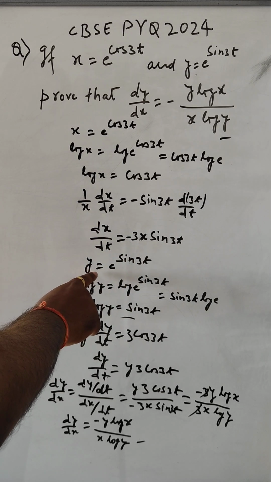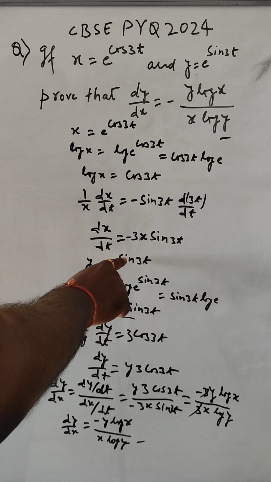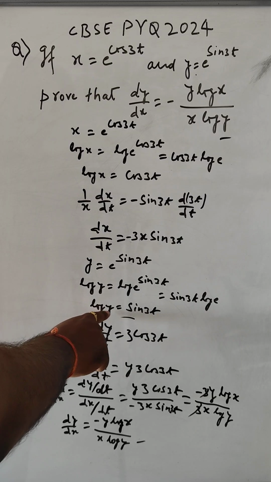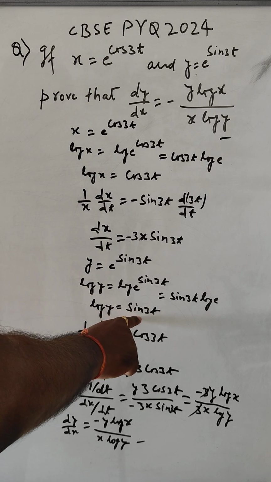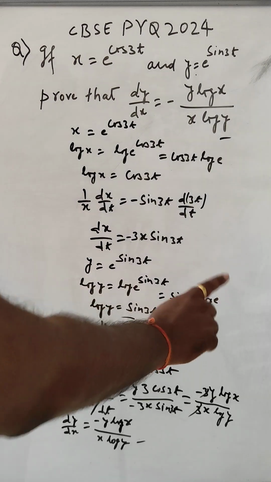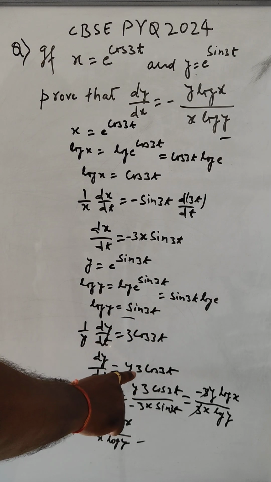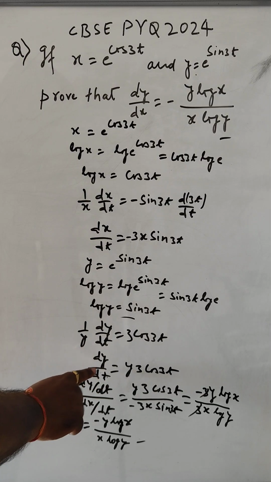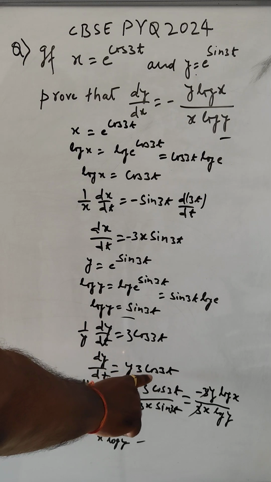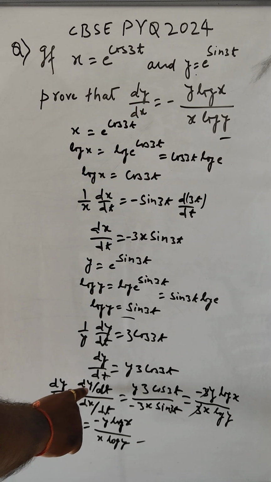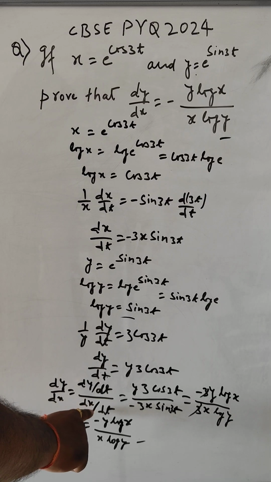Similarly for y equal to e to the power sin 3t, again we take the log, so log y is equal to sin 3t, because log e is equal to 1. Again differentiating with respect to t, we get dy by dt equal to 3y cos 3t. Again we have to bring out dy by dx, so dy by dt divided by dx by dt.